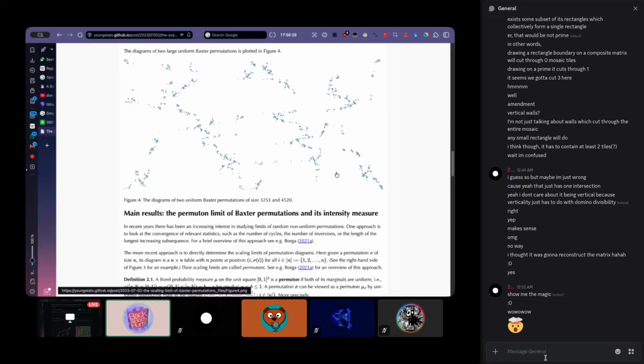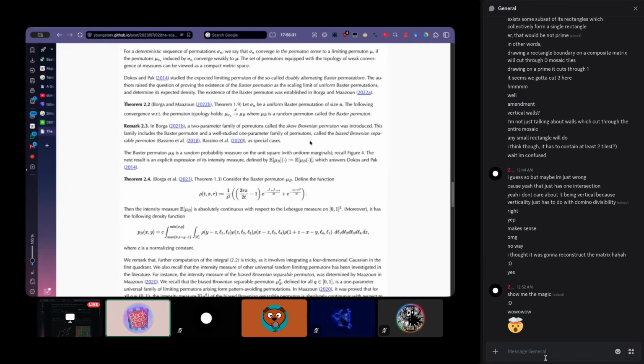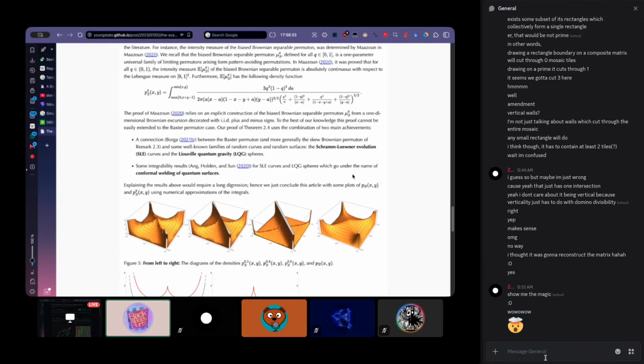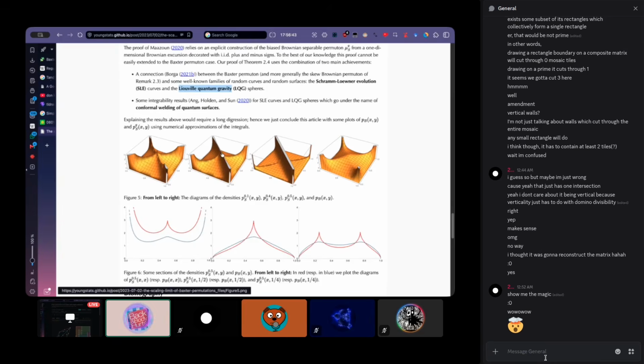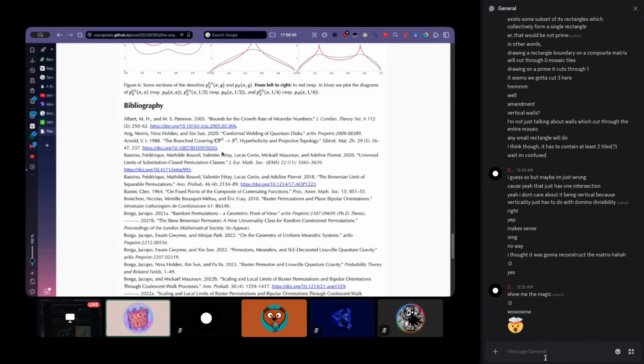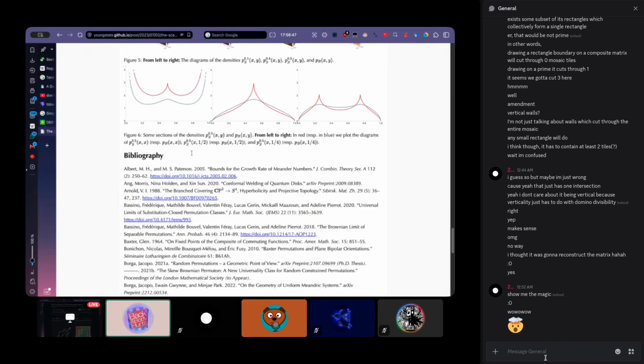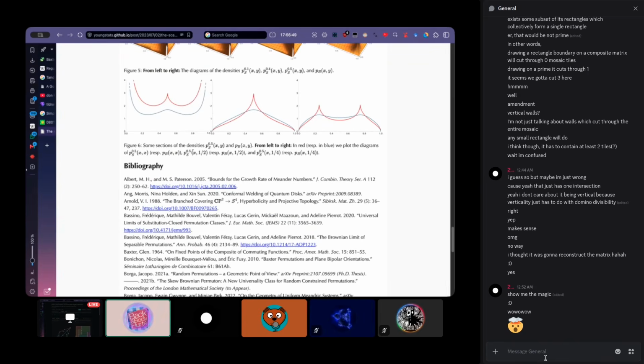I didn't go into coalescent walks. I didn't go into the main algebra for it. I didn't go into how it ties into Liouville quantum gravity. I don't know what that is. I've seen a lot of it though, and I want to know more about it. The rabbit hole goes deep, and I can go further. I promise.